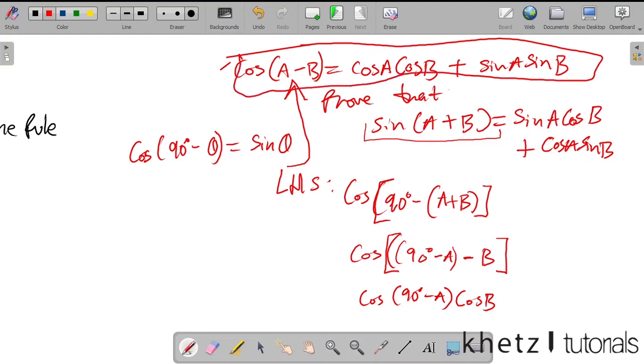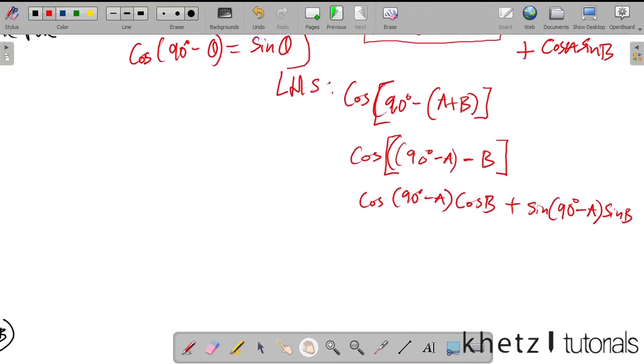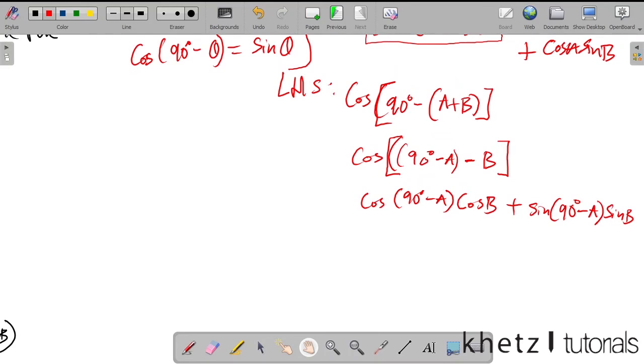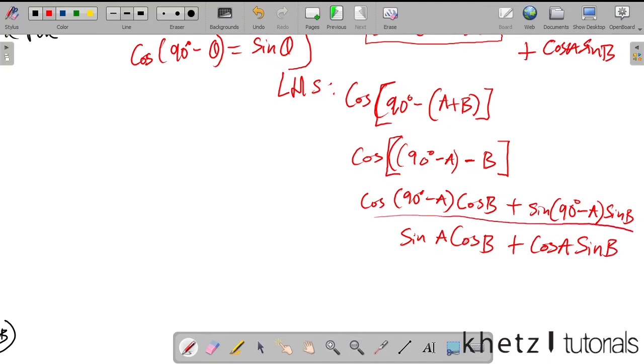Now we have this, then it's added to sine of 90 degrees subtract A multiplied by sine of B. We are just going to do the co-ratios once again, and the result would be sine of A cosine of B, then cosine of A sine of B. And therefore, we have ultimately proven that the left-hand side is equal to the right-hand side.